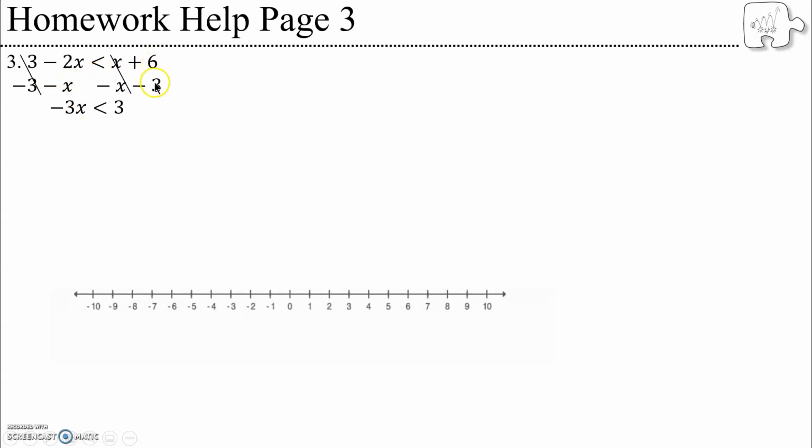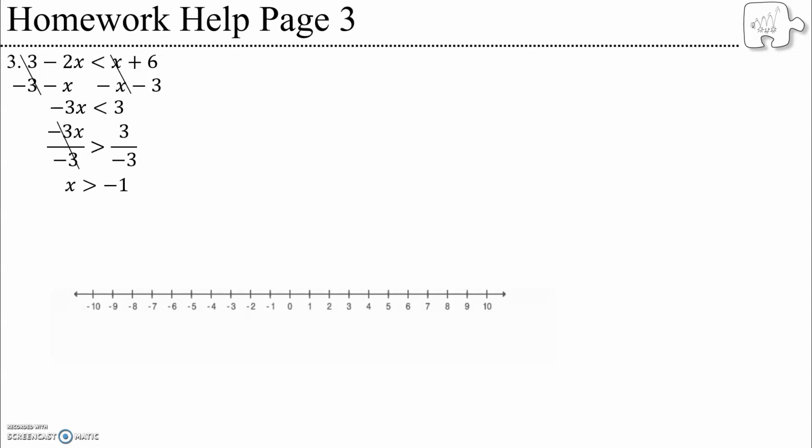And 6 minus 3 is 3. So now we got to divide both sides by negative 3. And since we're dividing by negative 3, we're switching the direction of the inequality. The inequality was pointing to the left, now it's pointing to the right. The negative 3's cancel out, and we get x is greater than negative 1.